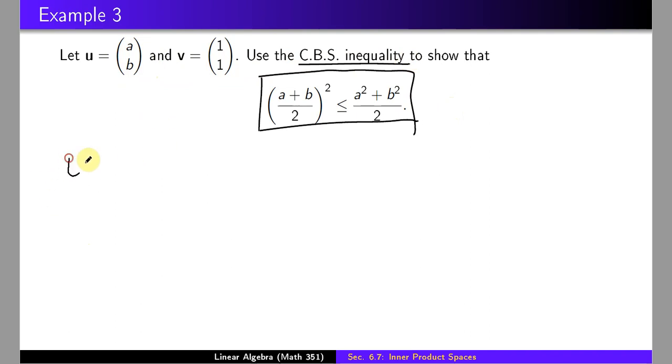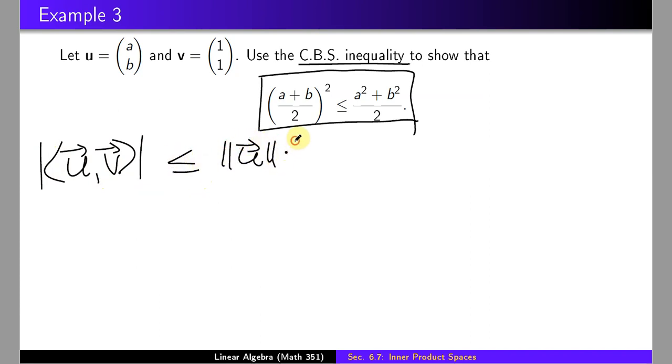Here's the CBS inequality. It says that the inner product of u with v, if you take the absolute value of it, is at most the norm of u times the norm of v. Okay, so let's calculate what the inner product of u with v would be on the left. If we take that dot product, that would give us the absolute value of a plus b.